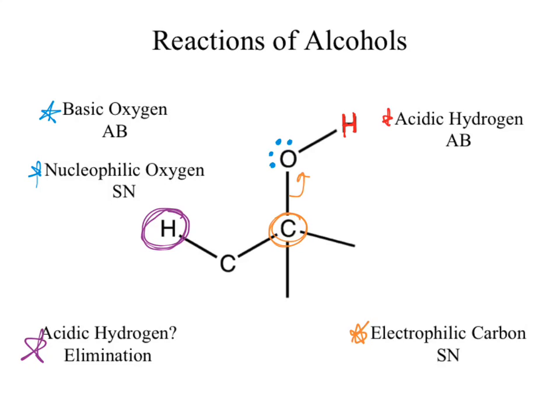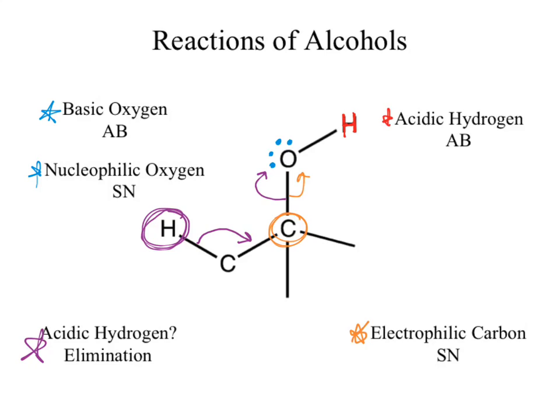That hydrogen can become slightly acidic, which means those electrons could swing in, kicking out our OH, doing an elimination reaction.